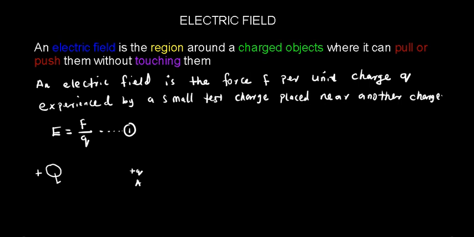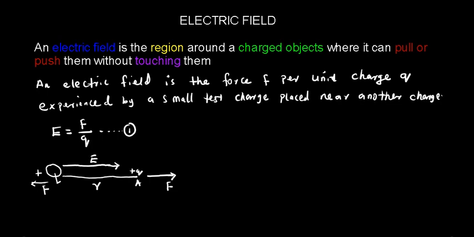The distance between this big Q and the test charge is R. Since they are like poles, positive, positive, they are going to repel each other in this direction. But the electric field will go this way, from the big charge towards the test charge. This is the electric field.